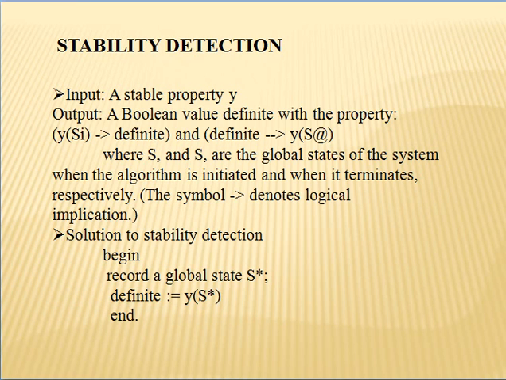Definite equal to true means the stable property holds when the algorithm terminates. However, false means that the stable property does not hold when the algorithm is initiated. Definite equal to true gives us information about the state of the system at the termination of the algorithm, but false gives us information about the system state at the initiation of the algorithm.